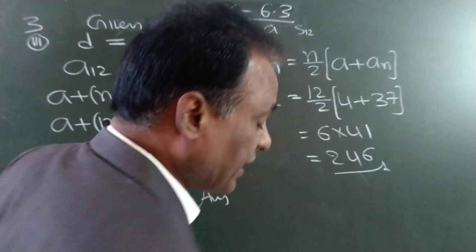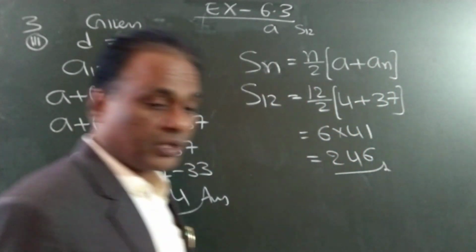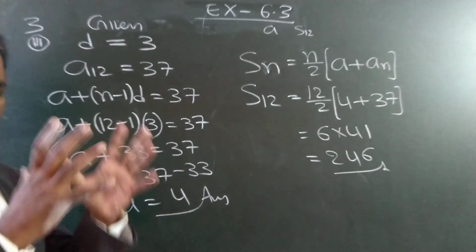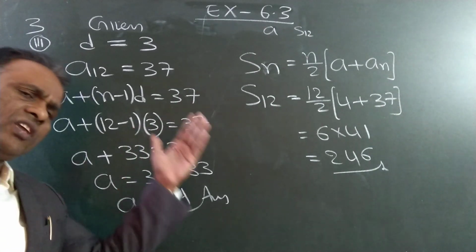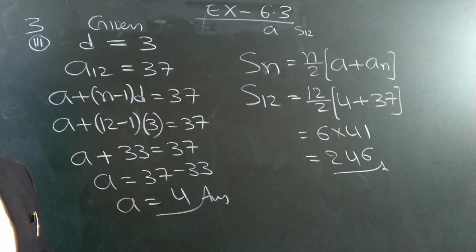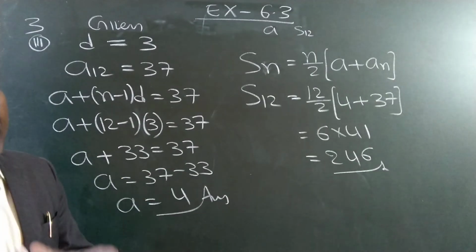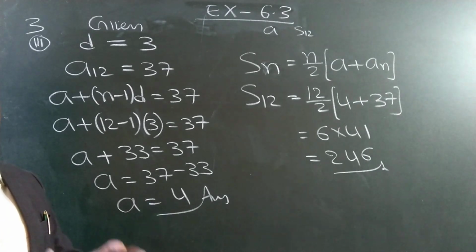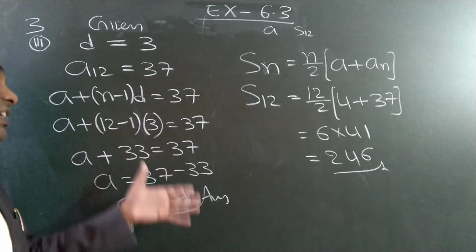After this class, practice these problems again, because definitely you need practice. See the formulas, see from the beginning how we approached, how we calculated a, how we calculated d, and what the nth term formula and the sum of n terms formula are. See all the formulas and understand these 6 problems.